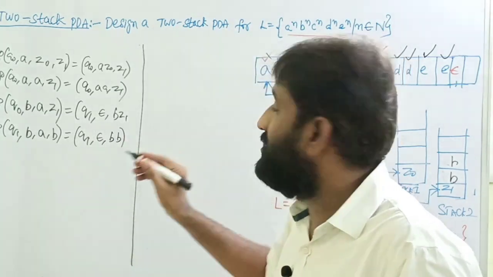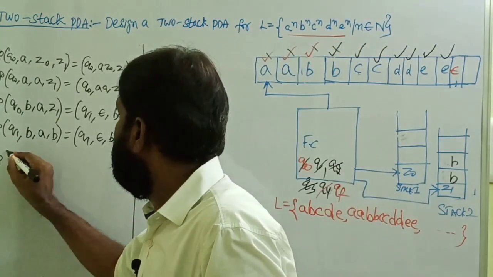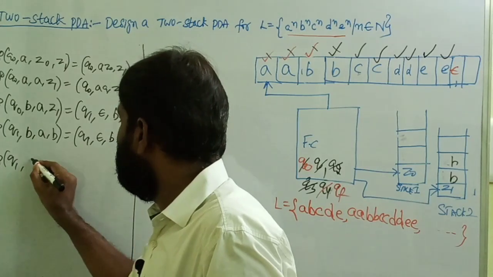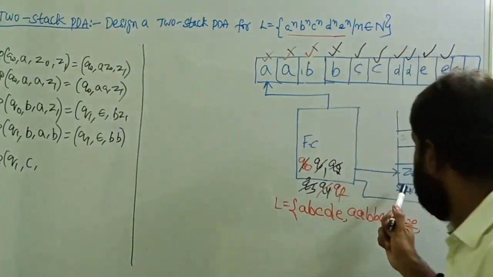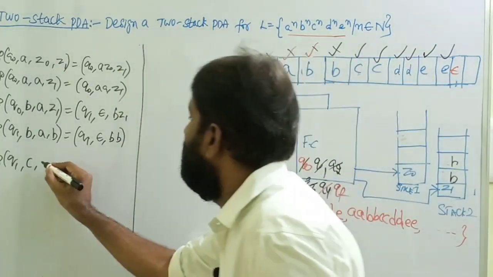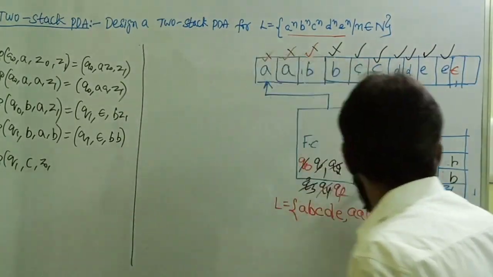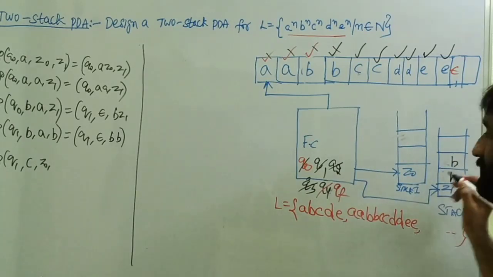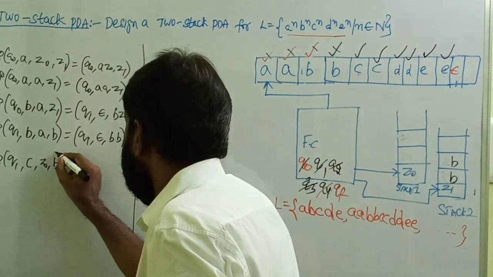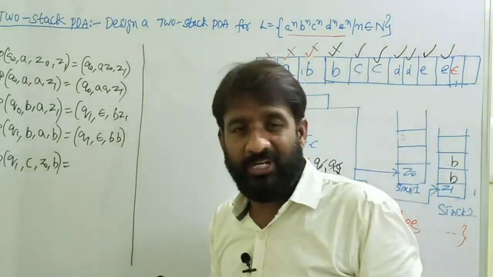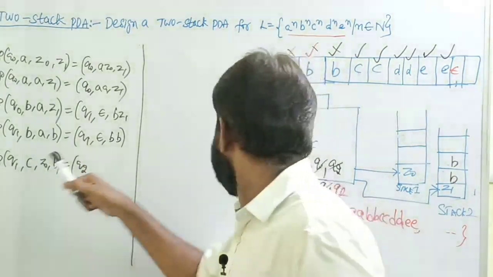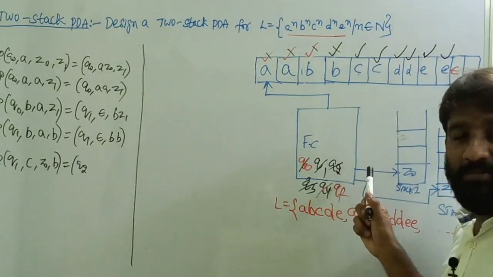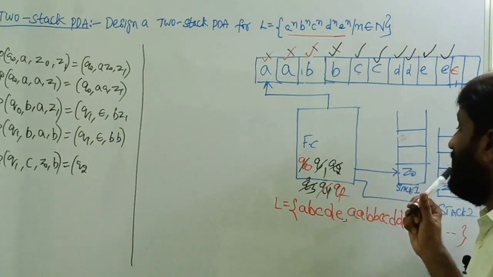Let's assume C's are started. Now the transition of Q1, input symbol is C, top of stack 1 is Z0, top of stack 2 is B, equals, now move the state from Q1 to Q2 because we are adding C's onto stack 1, and at the same time we are removing B's from stack 2.